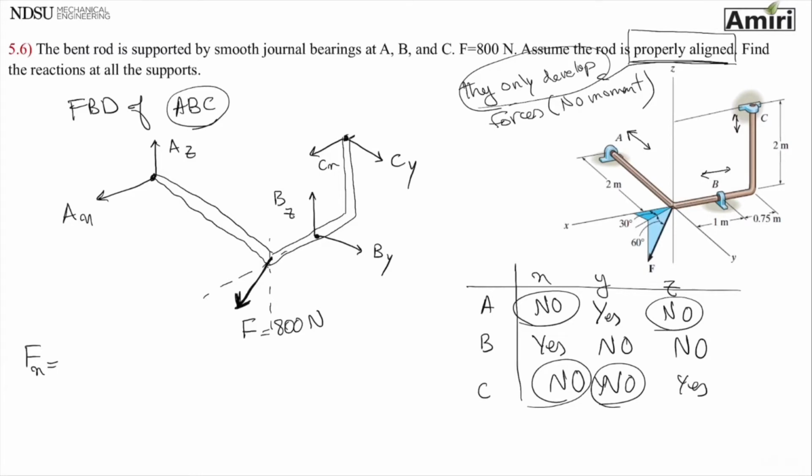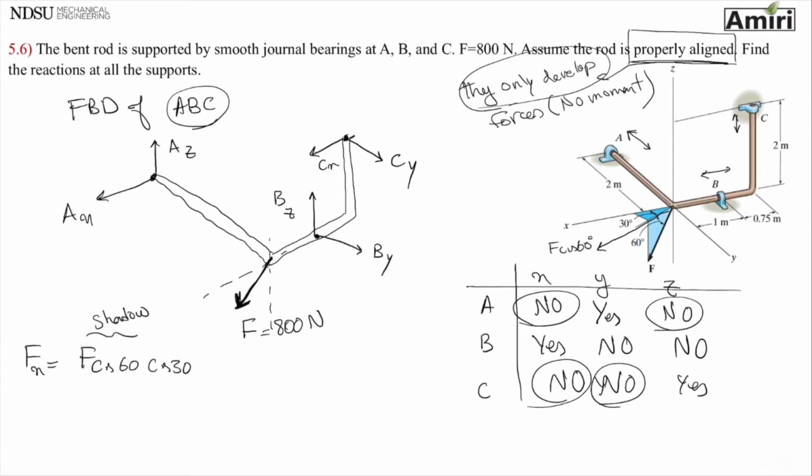The x component of it is going to be F cosine 60 multiplied by cosine 30. Remember, this is the shadow. This is F cosine 60. And then if I find cosine 30, that would be x.